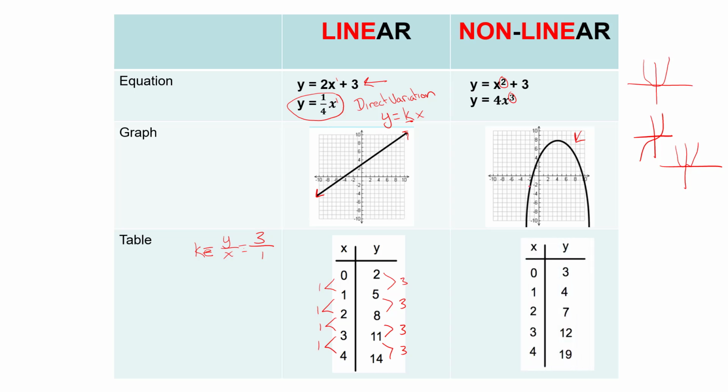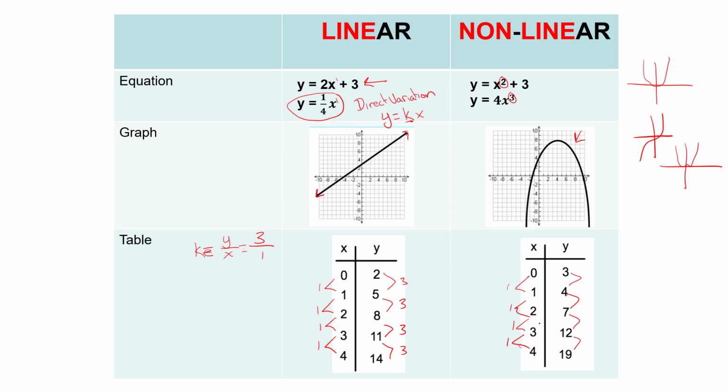All right. Nonlinear. Again, we want to check to see if it has a constant rate of change. So we want to look at our changes in our x's, our changes in our y's. So 0 to 1 is 1, 1 to 2 is 1, 2 to 3 is 1, 3 to 4 is 1.